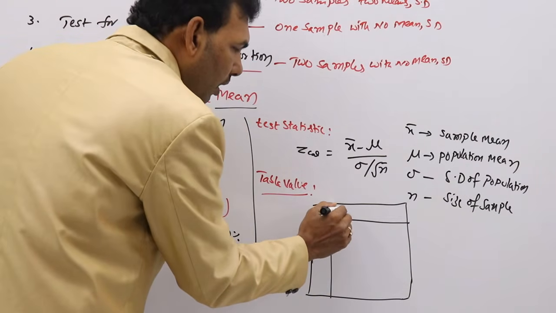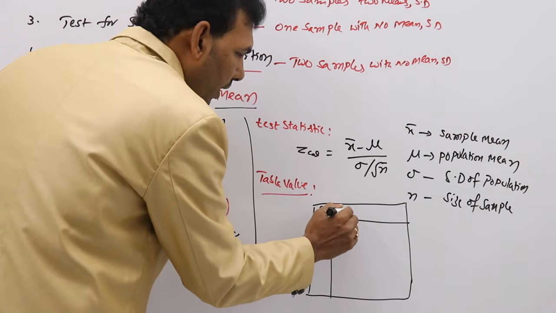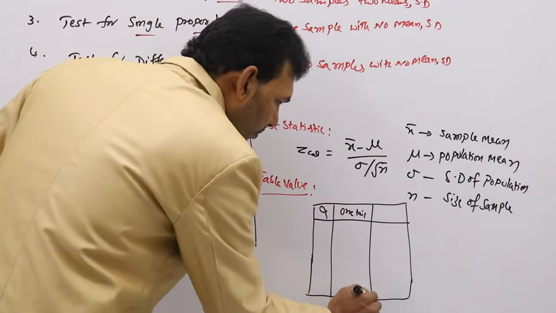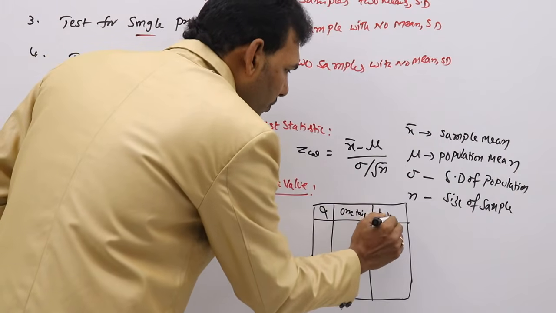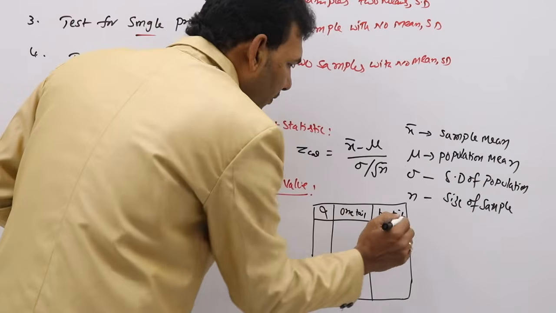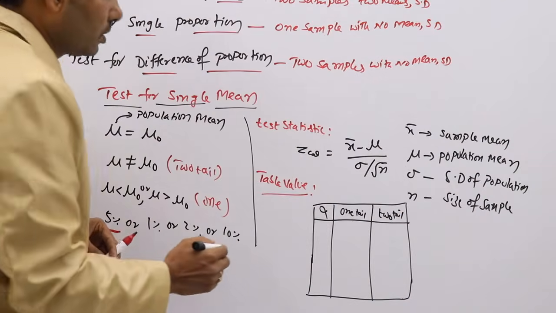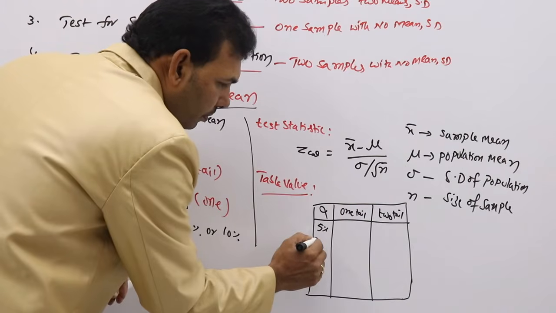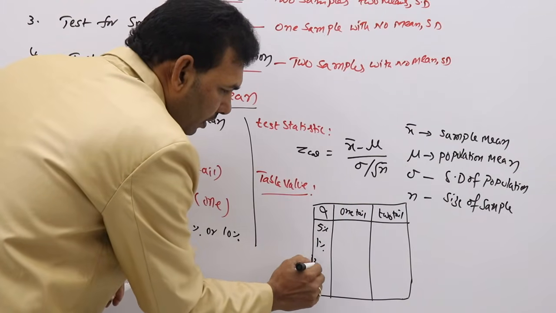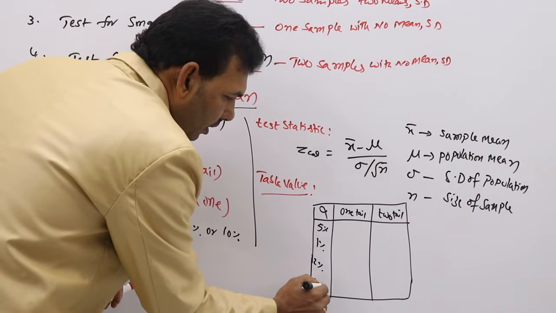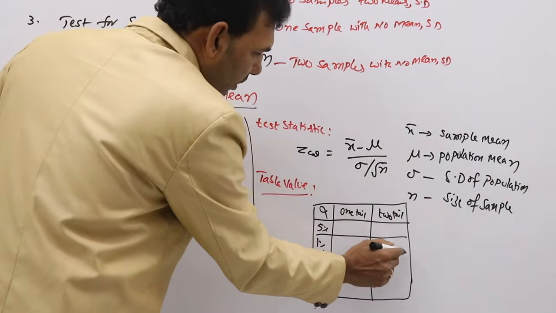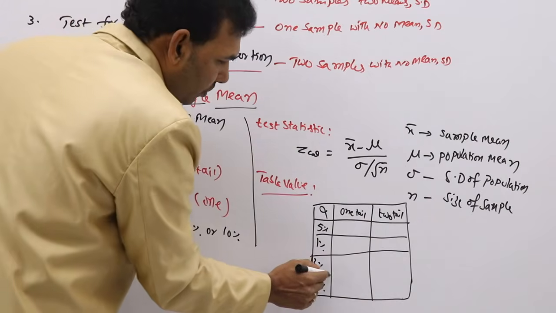Alpha, if it is one tail, how to take it? If it is two tail, how to take the value? Generally we will have 5%, 1%, 2%, 10%. These 5 values you need to learn by heart.